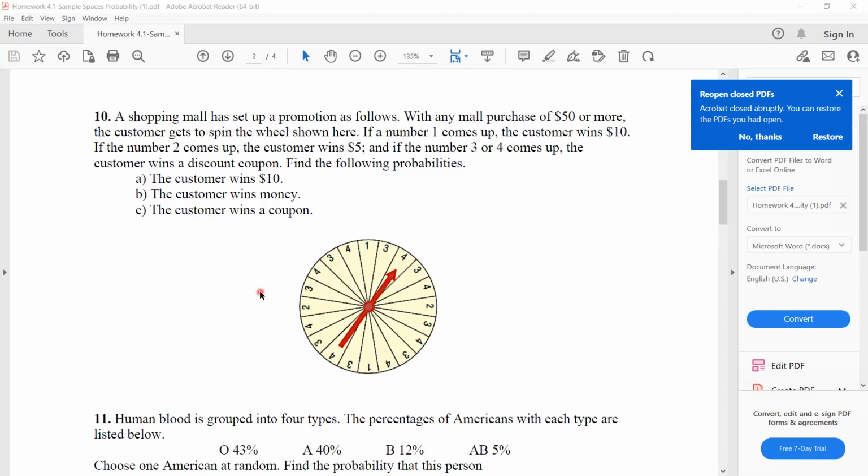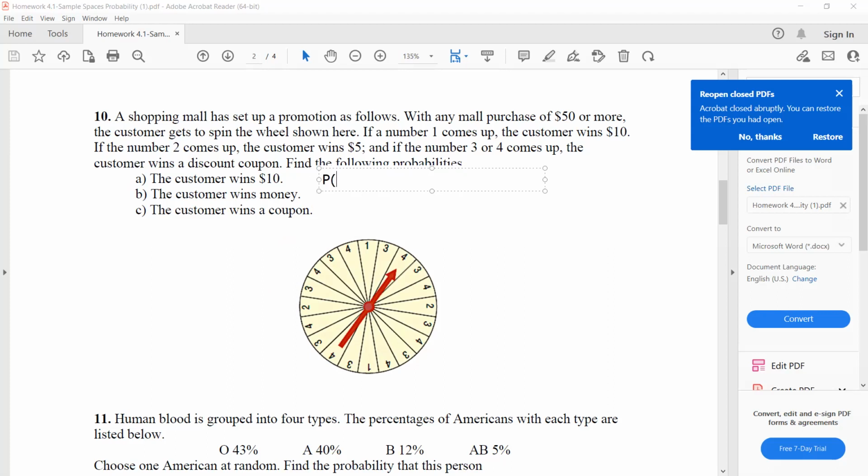So how many 1s are there? 2. Yes. So now, what is the probability that they're going to win $10? 1 out of 20. Close. You were almost there.